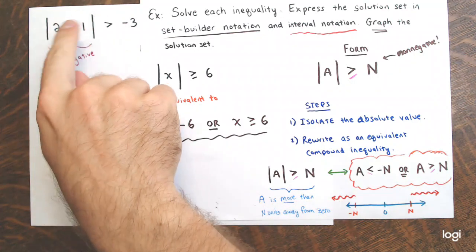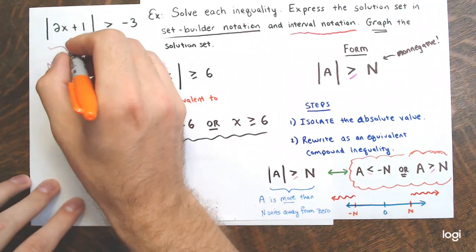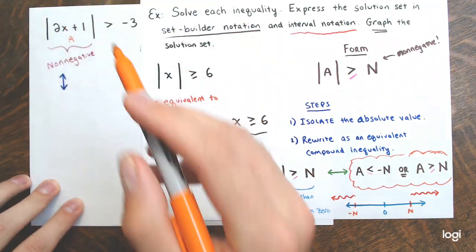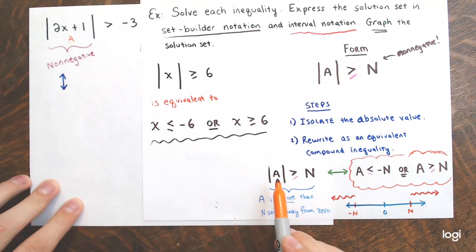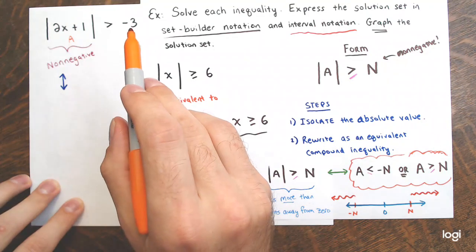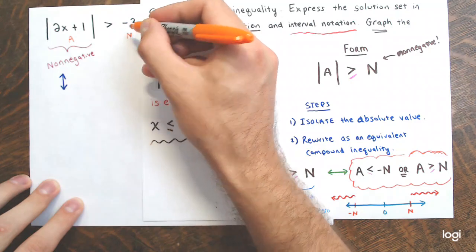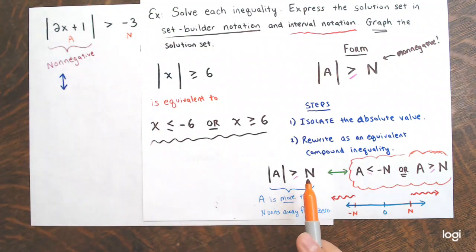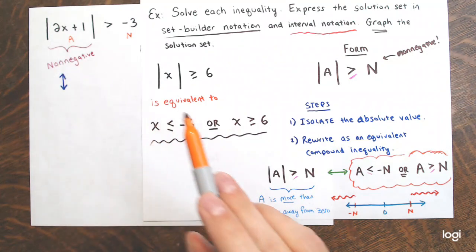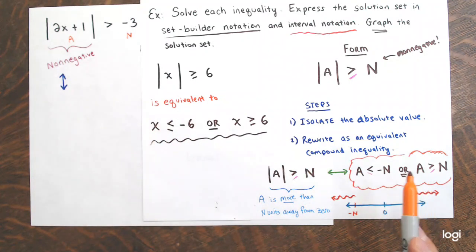In my inequality, the 2x plus 1 is the a, the expression inside the absolute value symbols, and the number on the other side is n. And say you forgot that this had to be a non-negative number for some reason. So I replace all the a's with 2x plus 1, all the n's with negative 3.